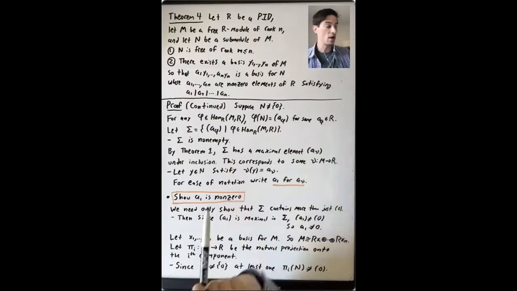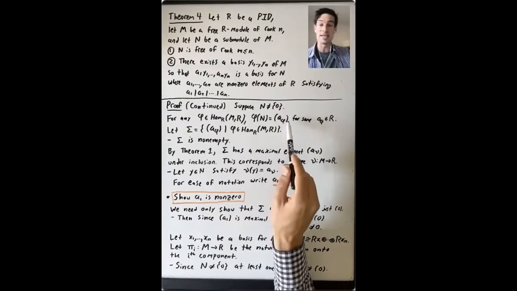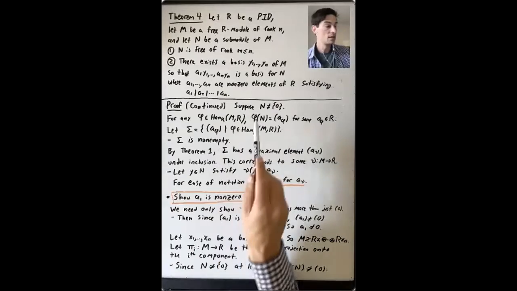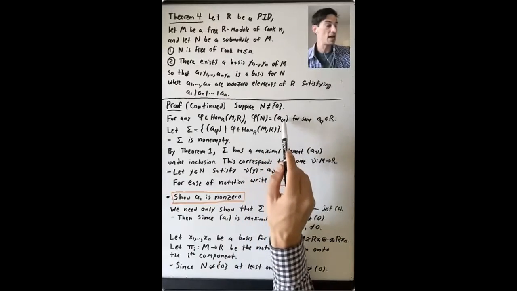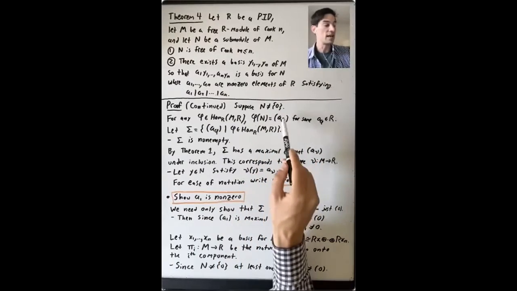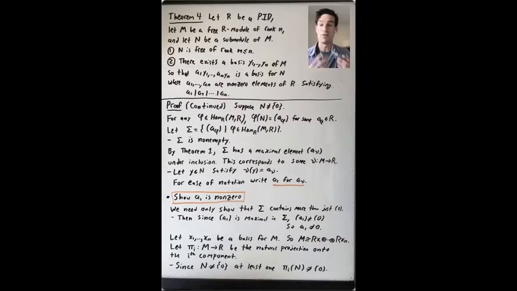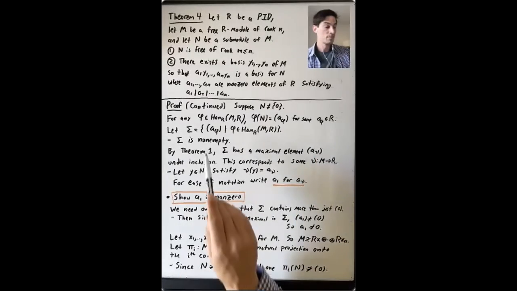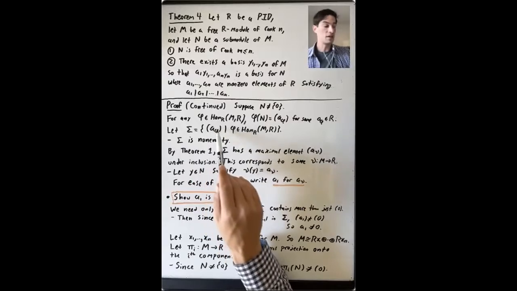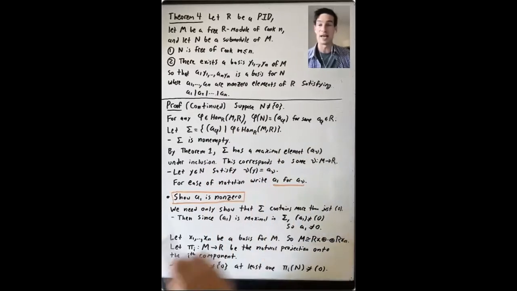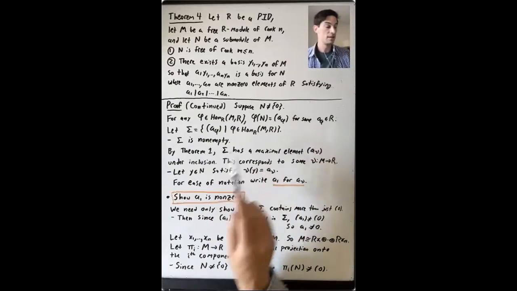That's a submodule of R, so it's a principal ideal because R is a PID. So phi of N is the ideal generated by a_phi for some element a_phi of R. So for each phi, we get some element a_phi. And we let sigma be the collection of principal ideals that arise in this way. So the ideals generated by each of these a_phi's.